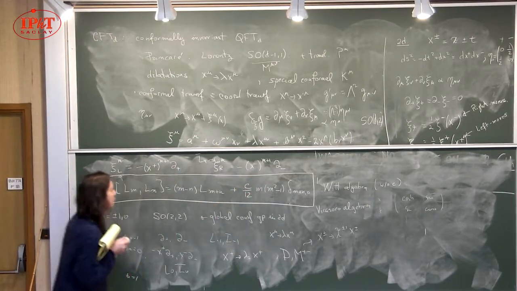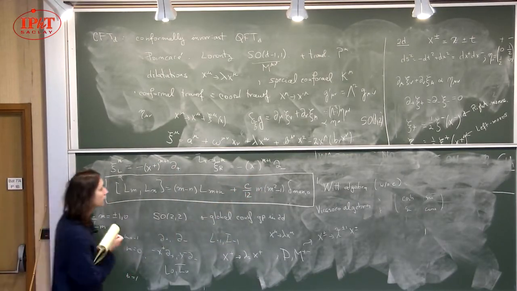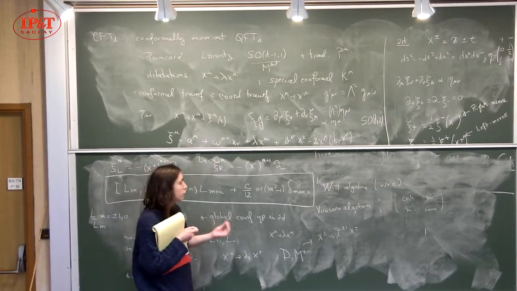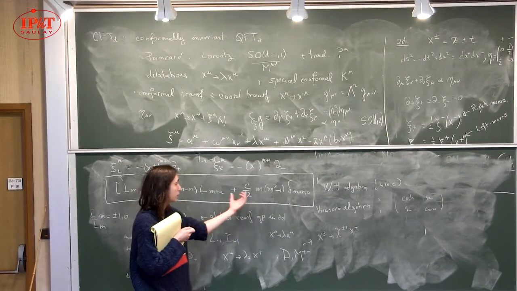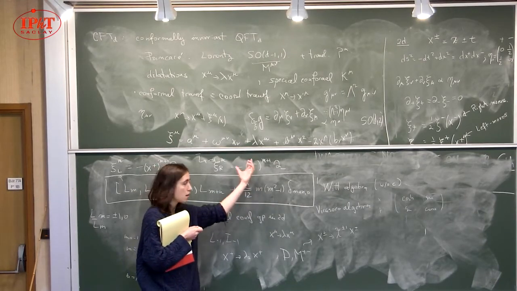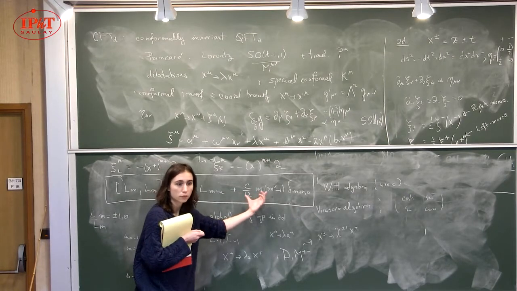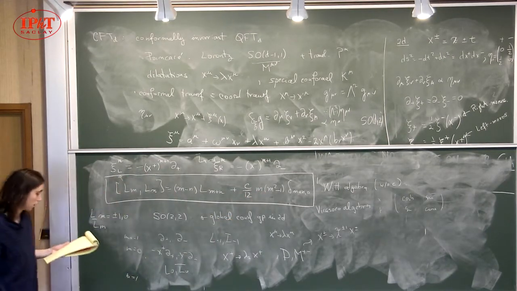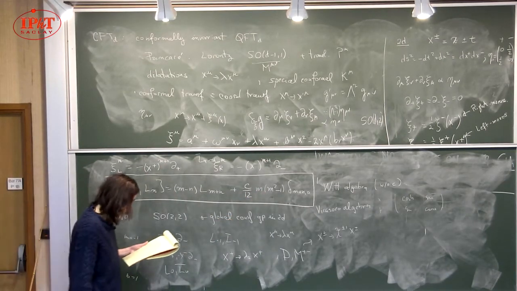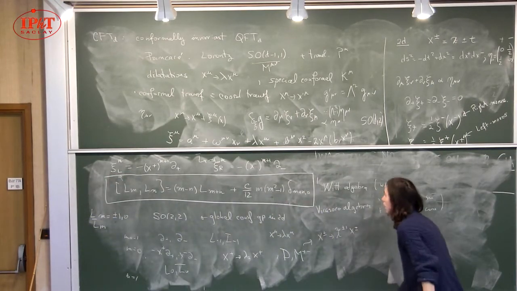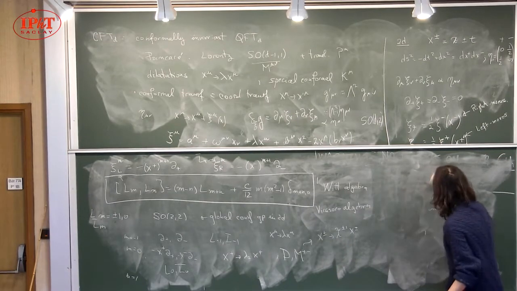I'm just telling you that it is a non-trivial calculation to actually show that there's this anomaly term that appears in the algebra of the conformal generators.